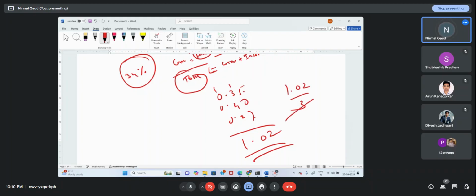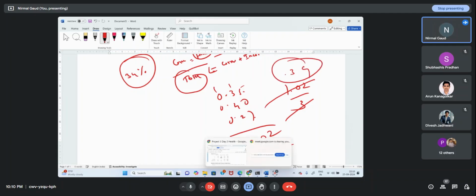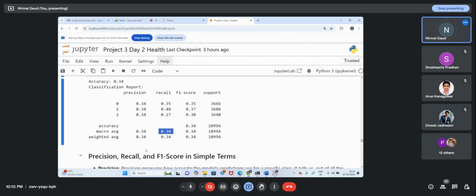How much is it? 3 3s are 9, 3 4s are 12, so 0.34. Again, the same thing. I think for F1 with 0.35, 0.37, 0.30 you will get 0.34 only. So macro average is the average of all these terms for precision, recall and F1 score. That's called macro average.